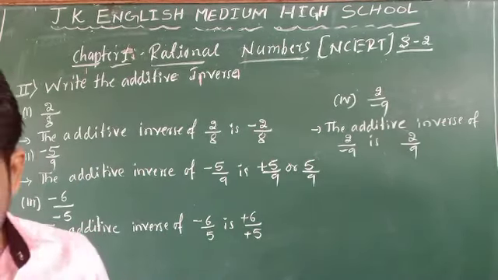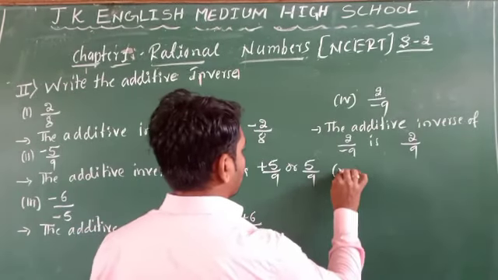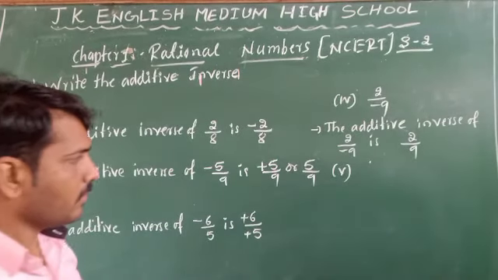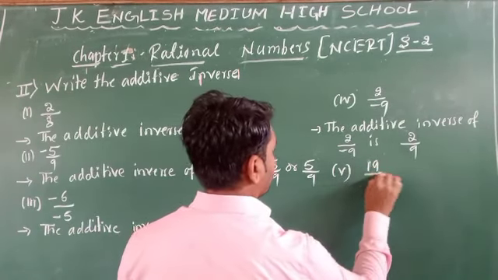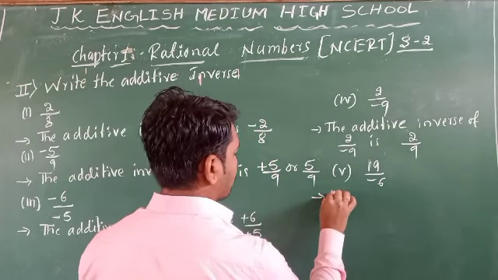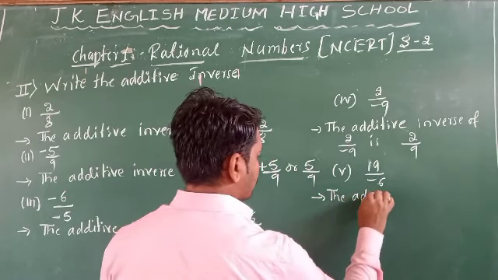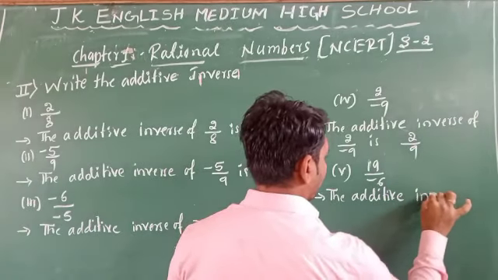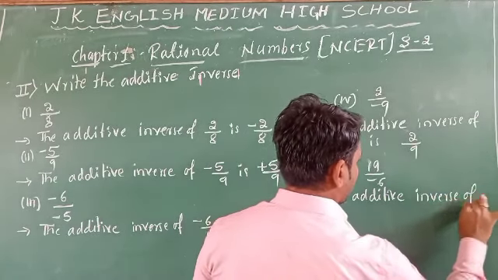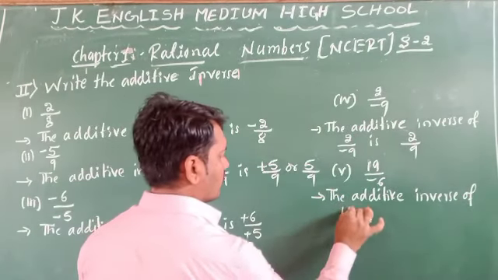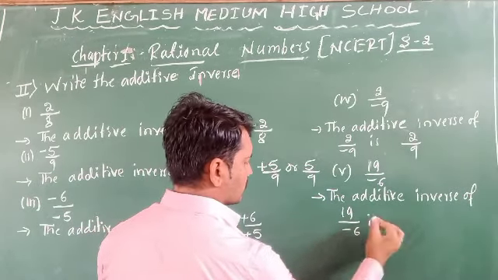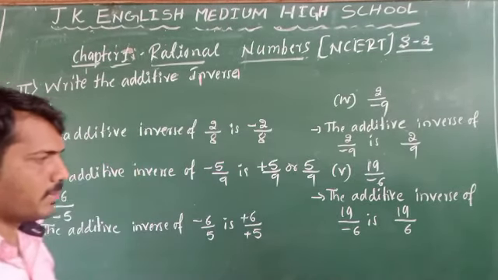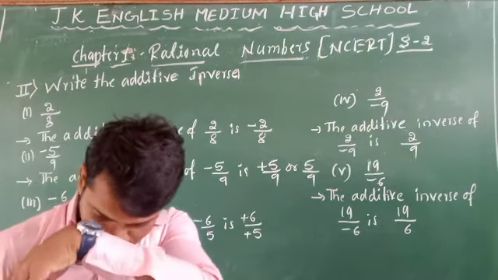And finally, question number 5, 19 by minus 6. Alright. The additive inverse of 19 by minus 6 is plus 19 by 6. Clear, children?